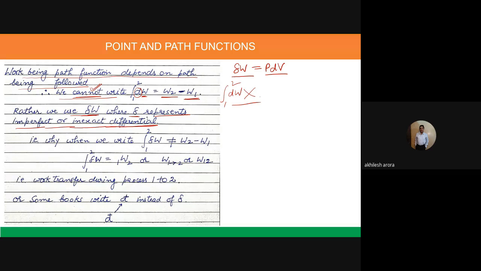What is the meaning of imperfect or inexact differential? When we integrate this value of delta w from 1 to 2, we cannot write w2 minus w1.